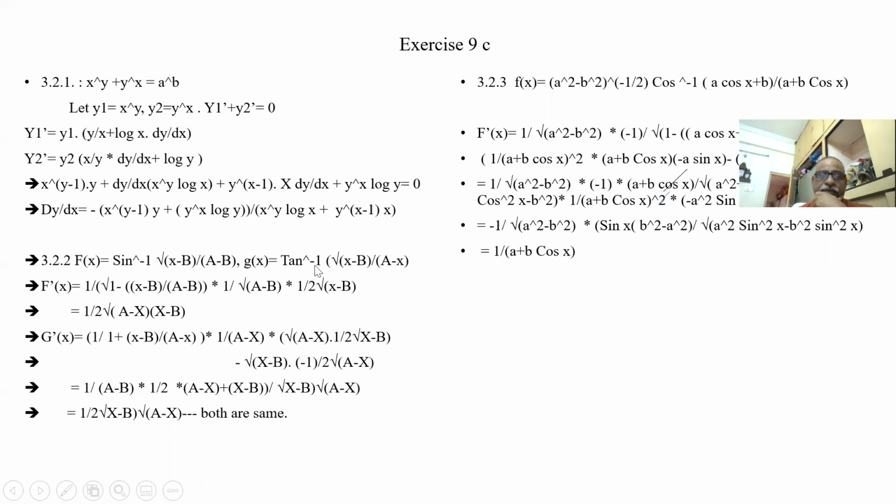Similarly, g dash x, tan inverse, so 1 by 1 plus x square. Tan inverse means 1 by 1 plus x square, means root will go into, this is a minus x, this is x minus b. So 1 by a minus x into 1 by 2 root x minus b. This is whole square.